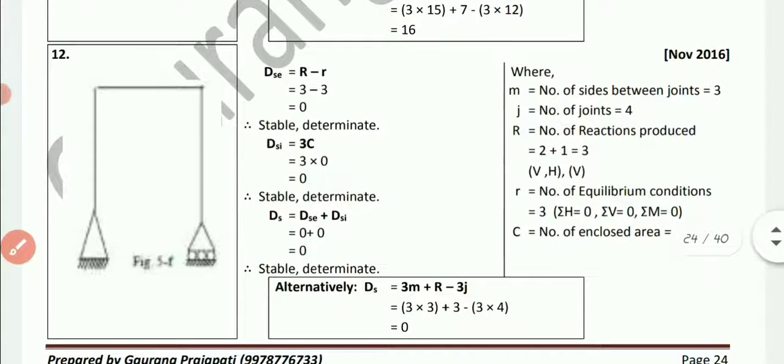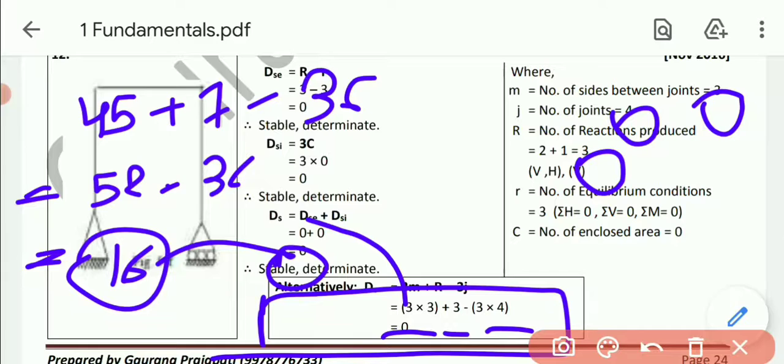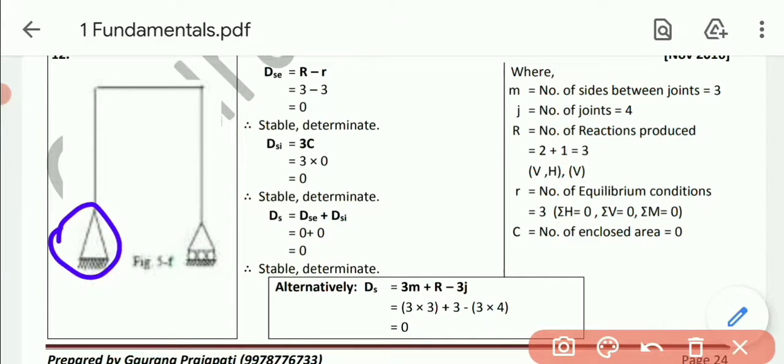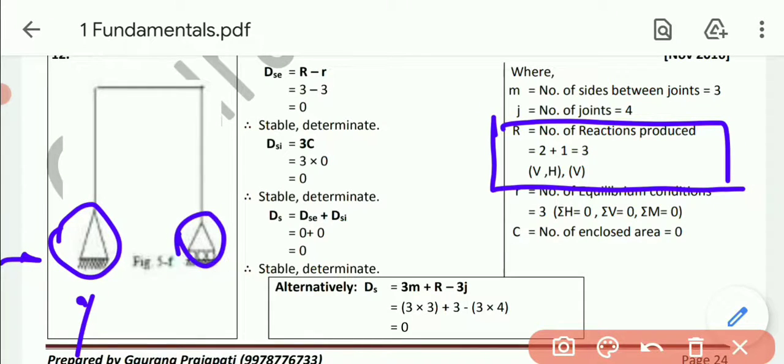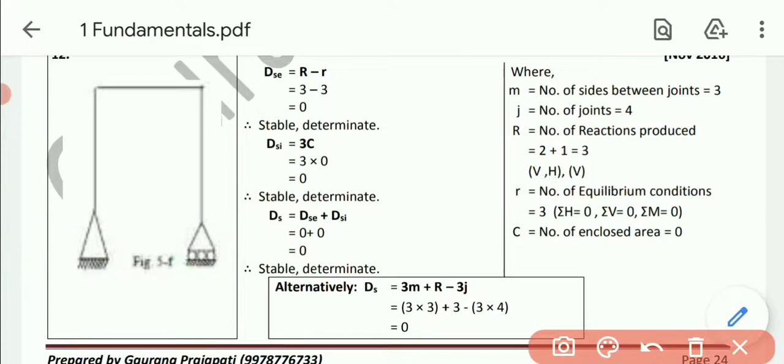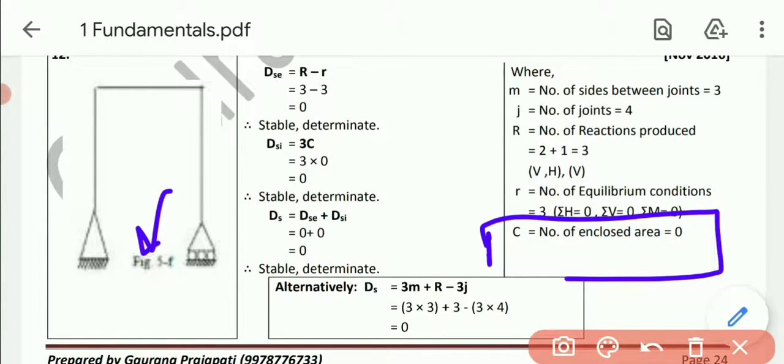Then example number 12. Now capital R is 2 for the hinge support and 1 for the roller support. So 2 plus 1, answer comes 3. Then small r is always 3, the number of equilibrium equations, and C: there is no enclosed area, this one is an open area, so that is 0.